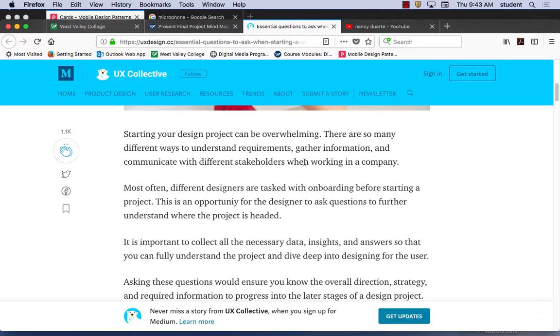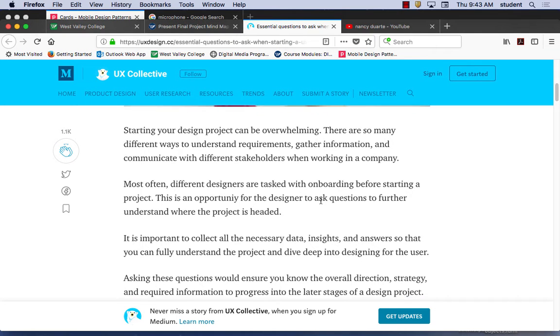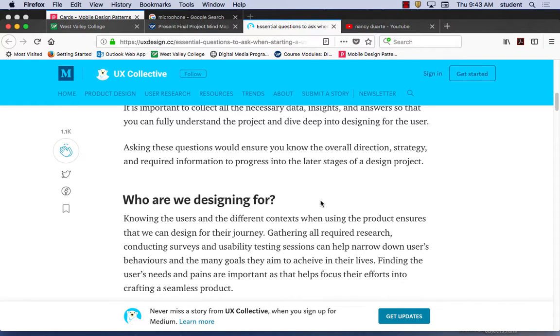And when they say stakeholders, there are people that are involved in your project, right? Most often, different designers are tasked with onboarding before starting a project. This is an opportunity for designers to ask questions to further understand where the project is headed. So I'm not going to read the whole thing to you.